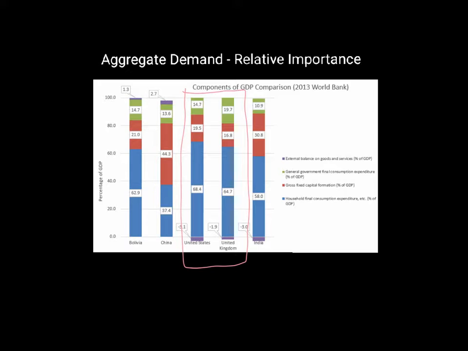But you can see that there are massive differences between the economic structure in the UK and the US and that of, say, China, and to a slightly lesser extent India, where you can see that the investment, the red bar, is a much greater proportion of the total level of demand. So in China, the household consumption is less than 40%, or it was less than 40% in 2013.